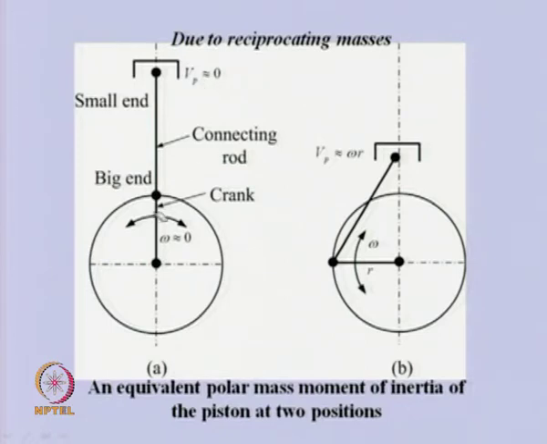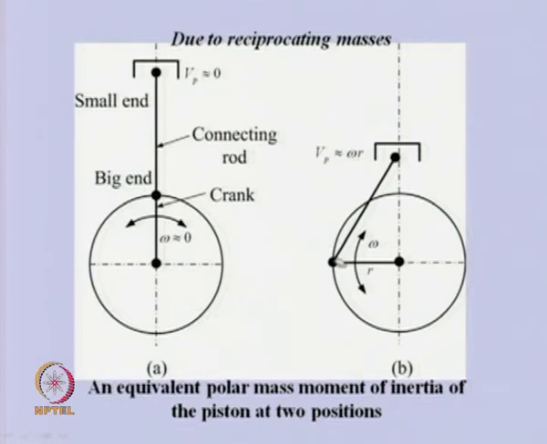If we give some small oscillation to this crank, the piston will hardly move. That means for this configuration, the piston will not have any inertia. For the configuration at 90 degrees, because the connecting rod length is generally very large, if we give some small oscillation to this crank, the piston will have exactly the same velocity.